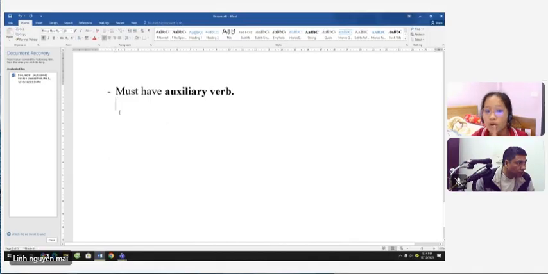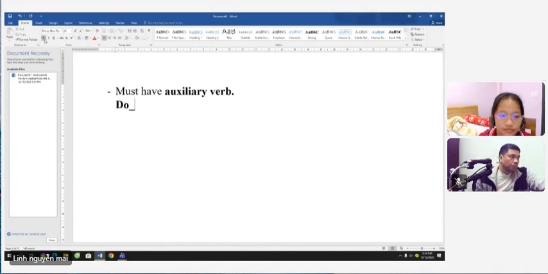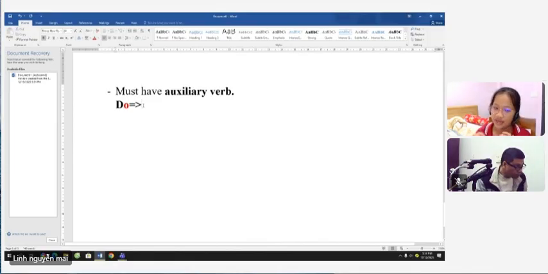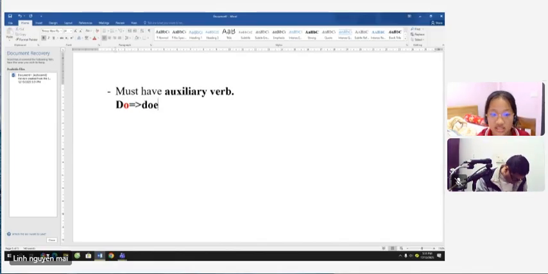And in English we have the auxiliary verb do. If do goes with singular nouns, it will change, right? Because this is also a verb. This ends in o, and this is in group one where we put es, so we change do to does. Okay?